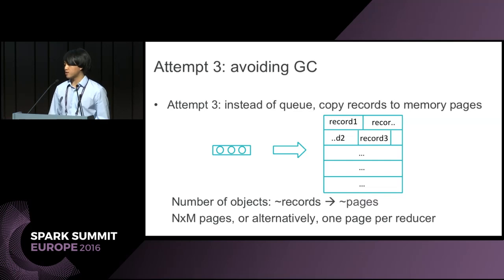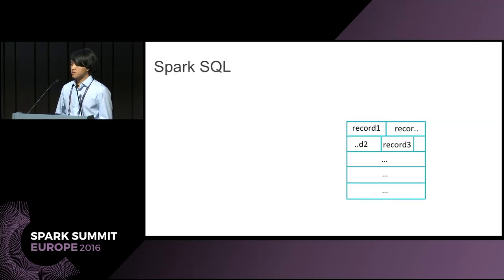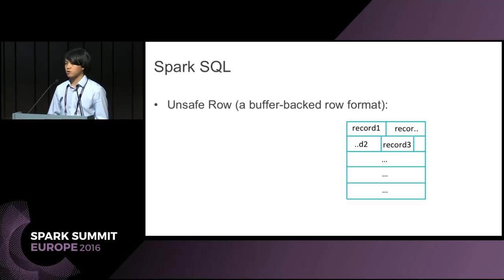You can also do something smarter. For example, you can use only 1 page per reducer, but now multiple mappers have to write into the same memory page. I'd like to mention that this particularly helps even more on Spark SQL, because Spark SQL uses this UnsafeRow data structure for each record, and each UnsafeRow is just backed by a buffer.